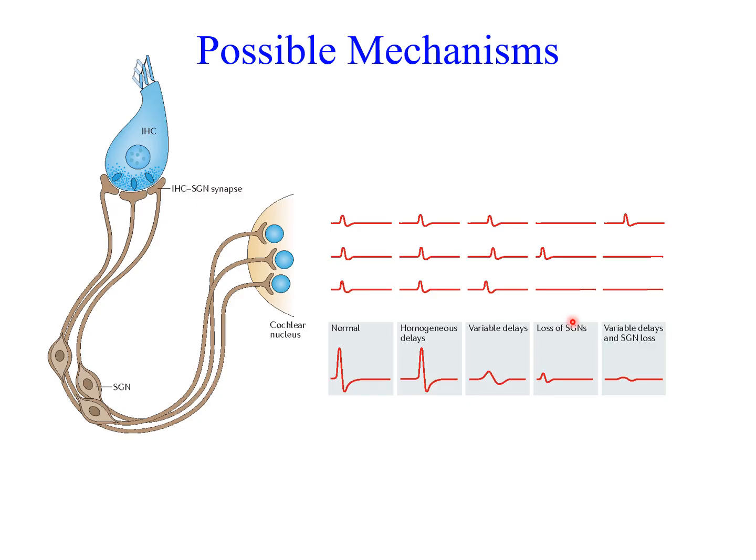The bottom line is, as long as the neural synchrony gets disrupted, ABR waveforms may be highly degraded or disappear. And that is what we see in patients with auditory neuropathy.